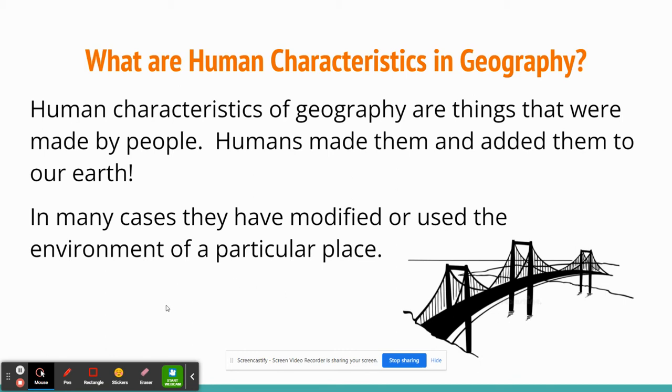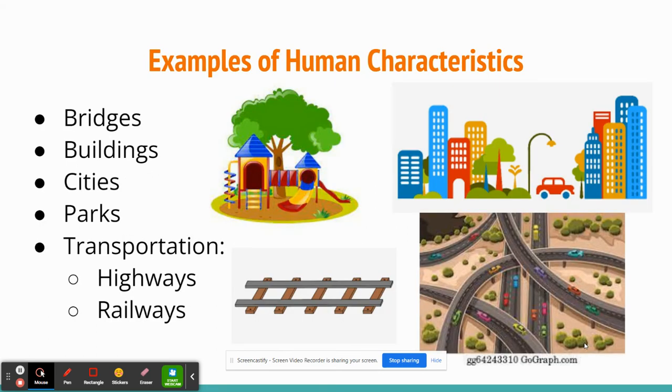In many cases, they have modified or used the environment of a particular place to make this characteristic. Here are some more examples of human characteristics. We talked about bridges, buildings, like a whole city that we see here in this picture, a city, a park.